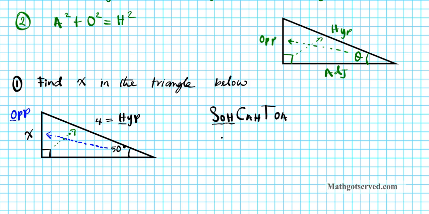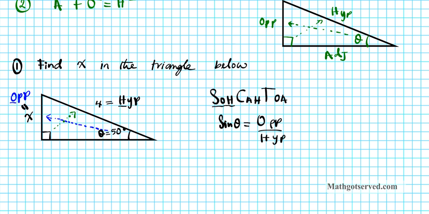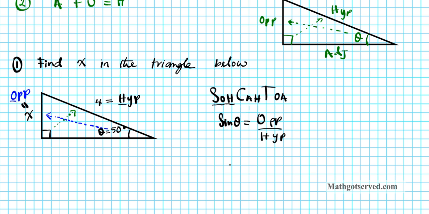So we know that sine theta is opposite over hypotenuse, right? So if we apply that here, this 50 degrees is theta, our opposite is x, and our hypotenuse is 4. So if we put this into soh, what are we going to have? We're going to have the equation sine 50 is equal to the opposite, which is x, over the hypotenuse, which is 4.